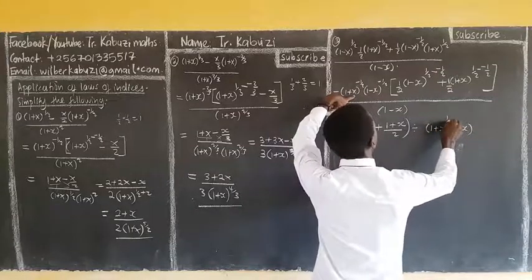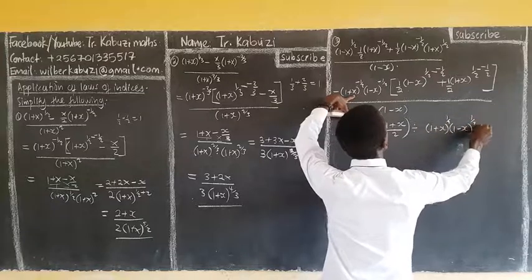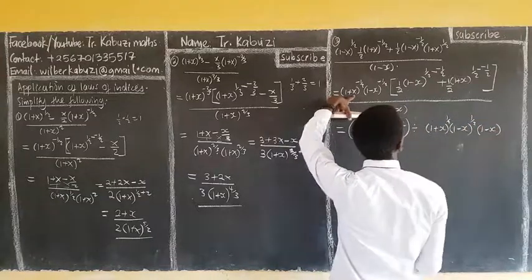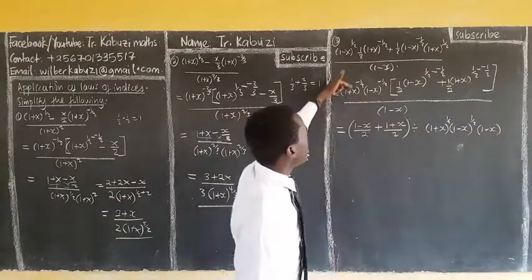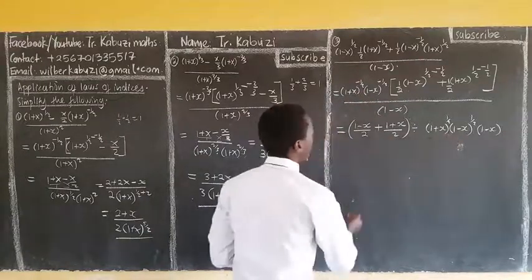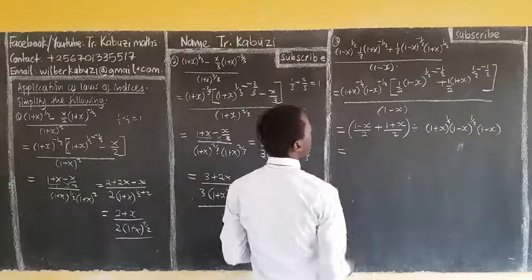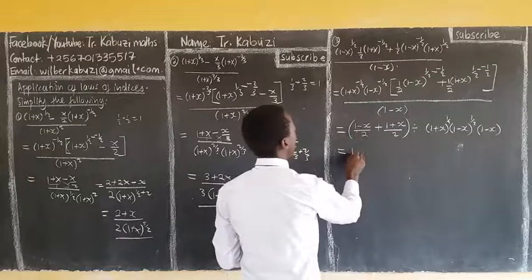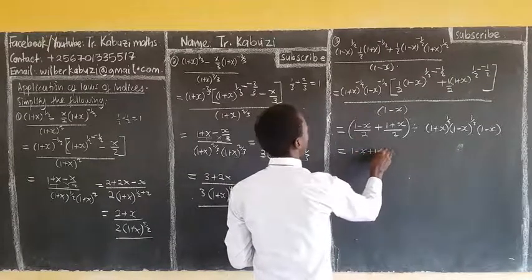This one is power half, and this one is power half, then 1 minus x. I'm dividing this. Because when this one goes down, it will be here, so that's what I'm having. We have the same base, we shall add these ones, 1 minus x.